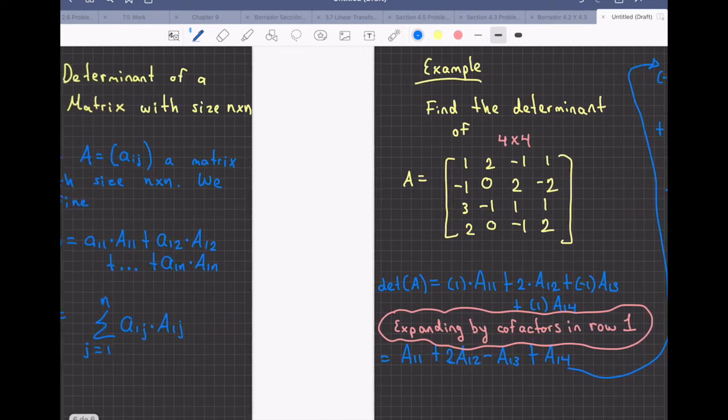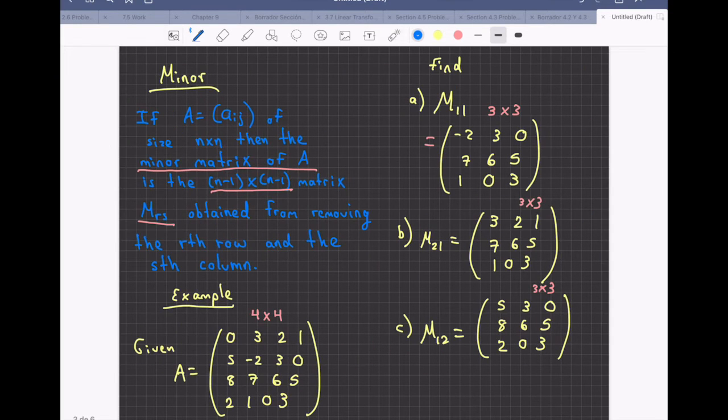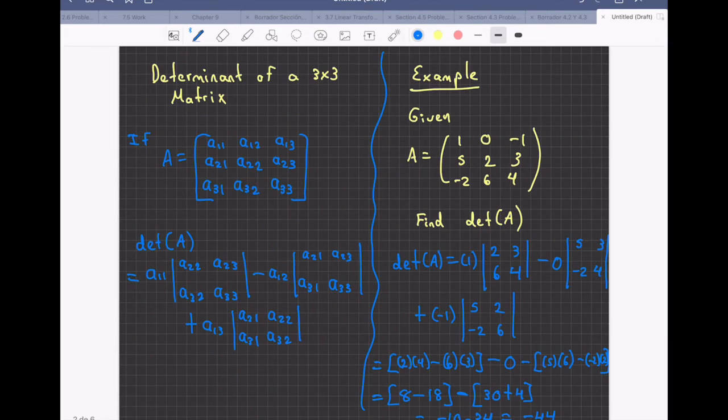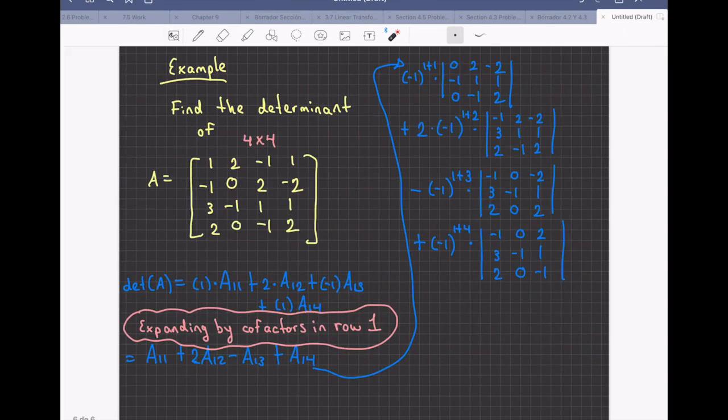For each determinant of size 3 by 3, we have at most 3 determinants with size 2 by 2.